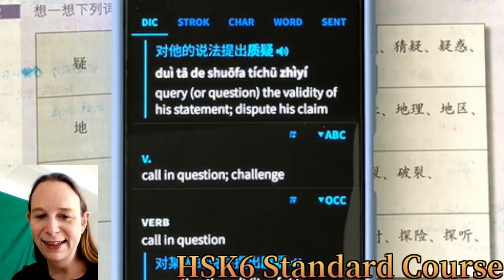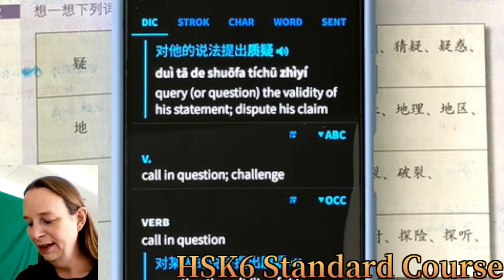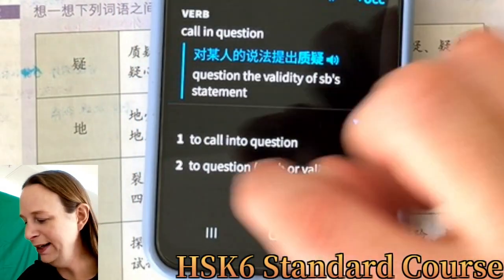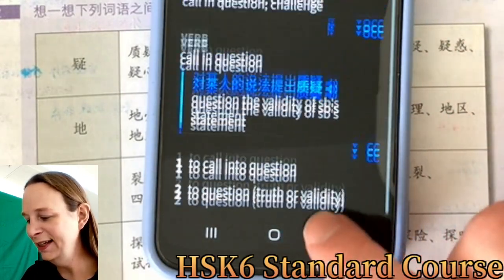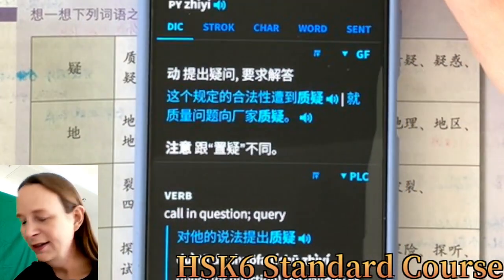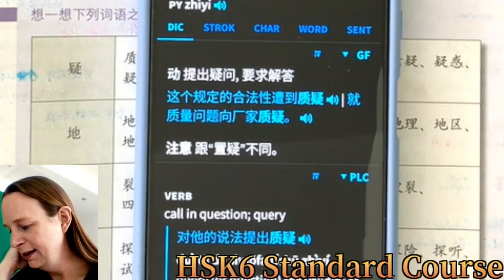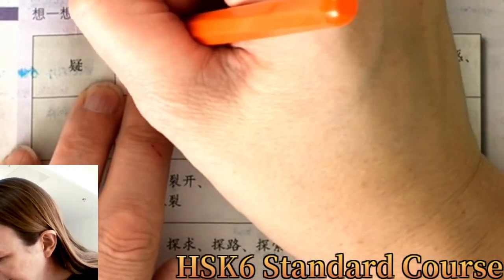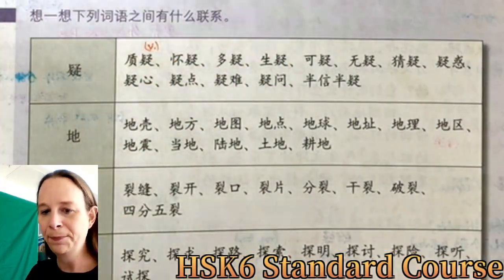Challenge, not in the sense of 挑战, in the sense of like, well, I want to check it's true. Yeah, question. I question the validity of something, or I challenge the validity. Yeah. So maybe English doesn't have precisely this word. Yeah. So it's a verb. Let's jot that down. Verb. This counts as verb. G. but it doesn't seem to be used.